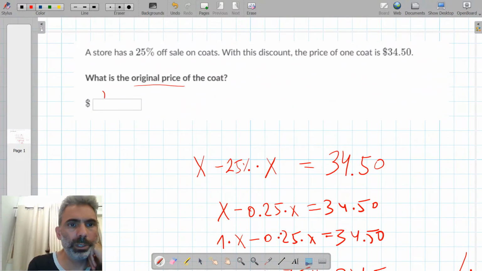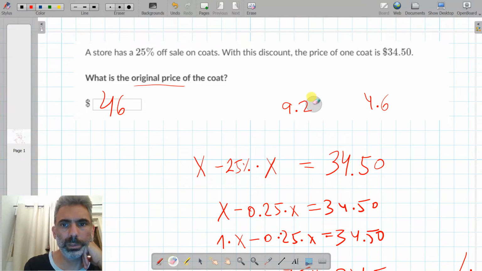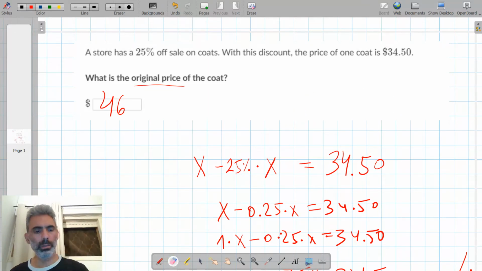So the original price of the coat is 46, and it makes sense because 10% of 46 is 4.6, 20% is 9.2, yeah, seems reasonable. Okay, 46.